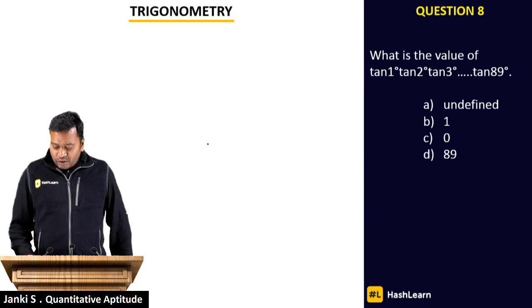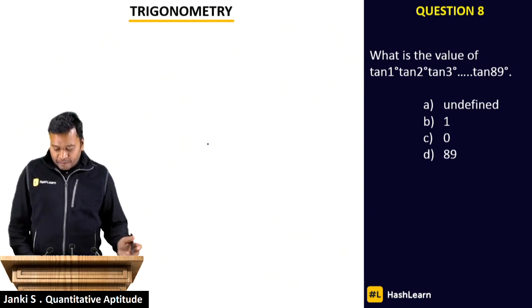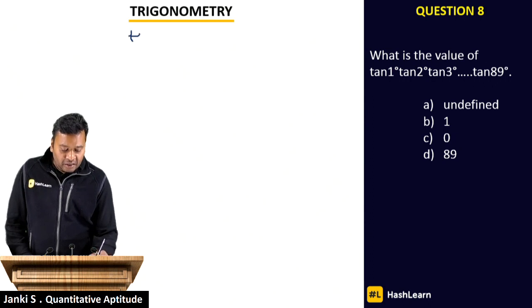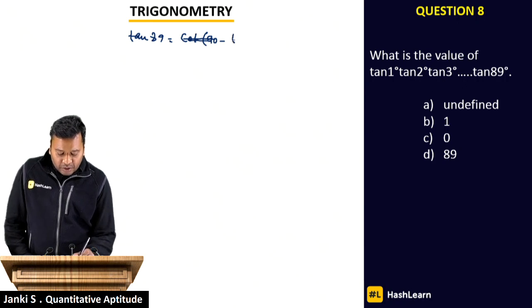Eighth one, what is the value of tan 1 plus tan 2 plus tan 3, and it goes up to tan 89? Can I say tan 89 is nothing but tan 90 minus 1, right?